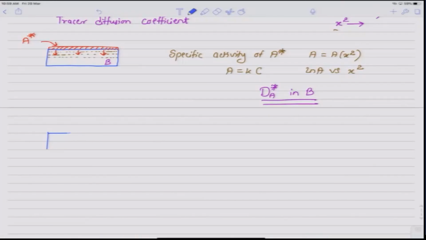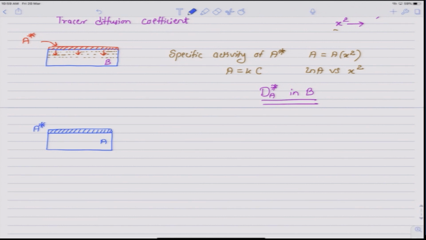So, for determining self diffusivity, we start with a substrate of pure A and deposit a radioisotope of A on top.